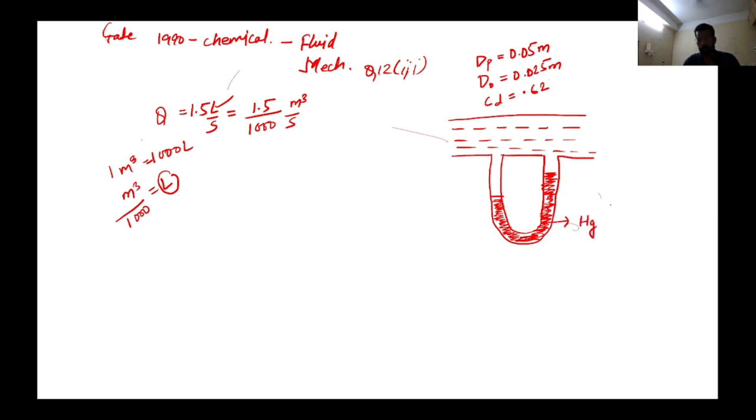This is water, and here will be water. So this height will be h, and this height up to this point will be x.